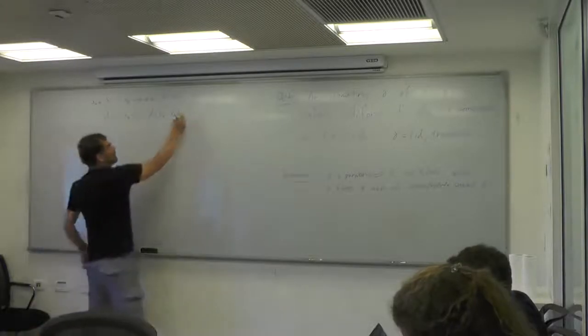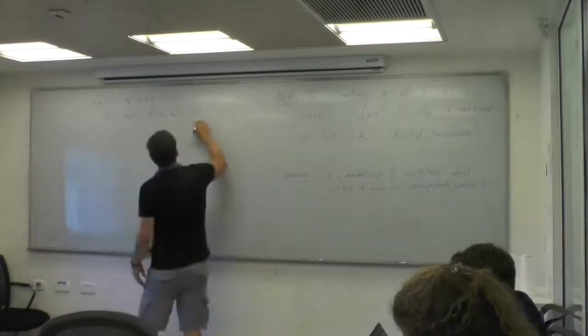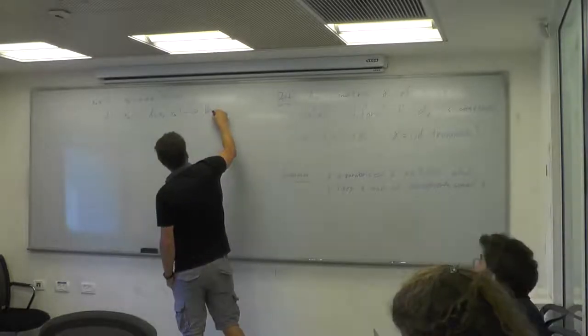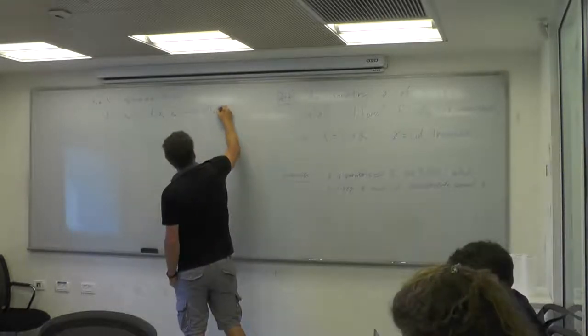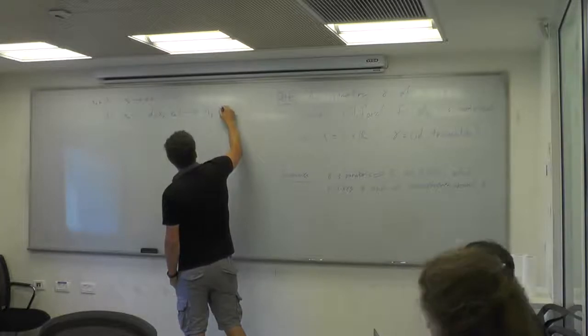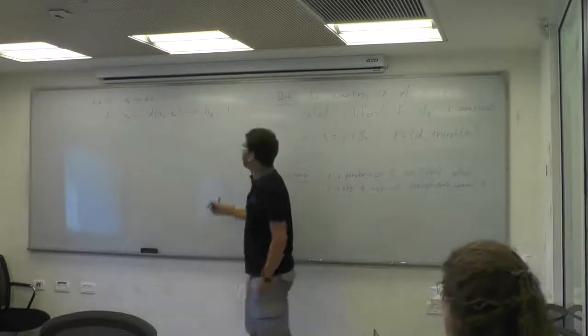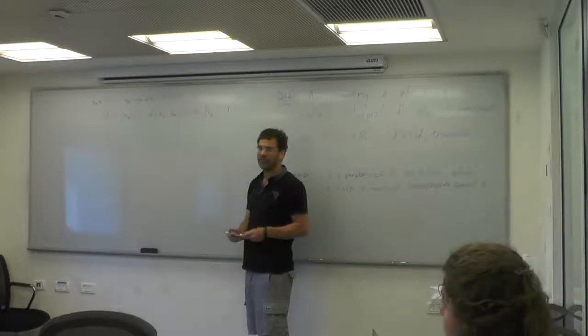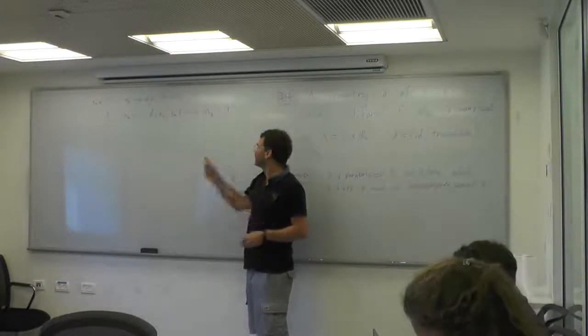And this will converge to a function, which we call h_z. This function we call the horofunction around z.